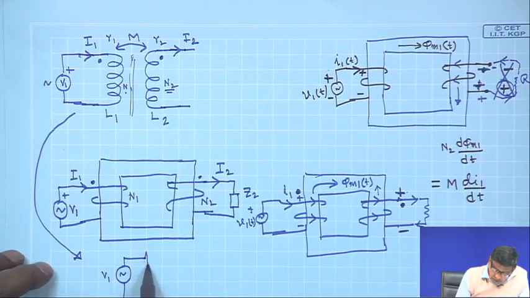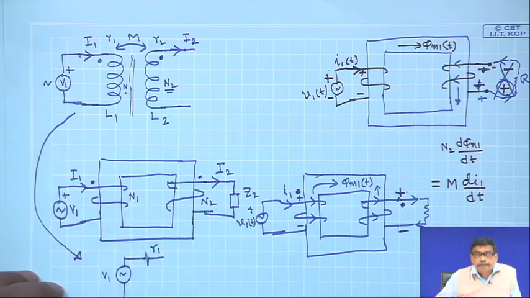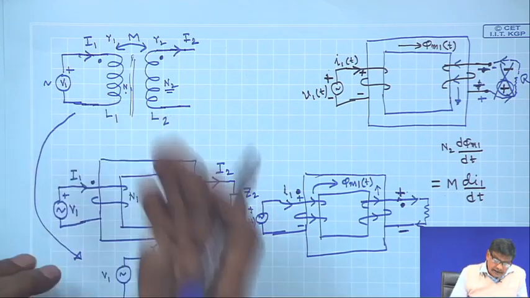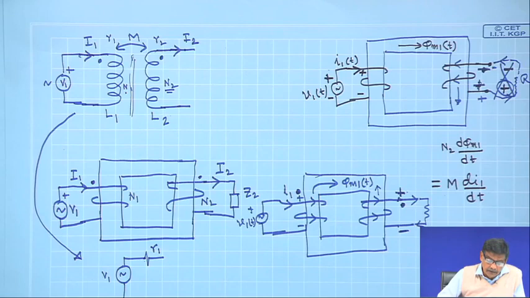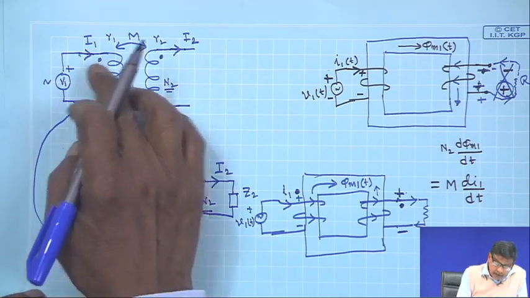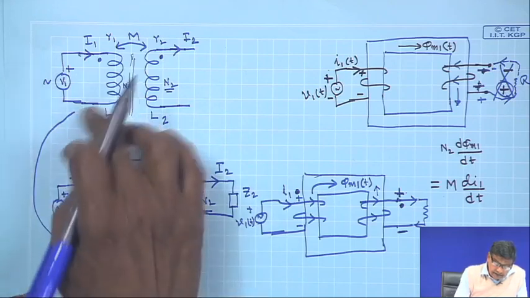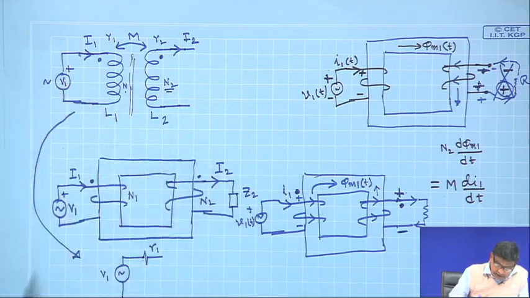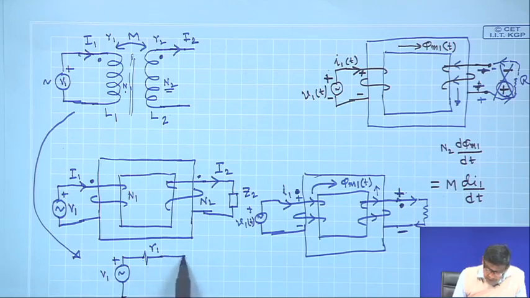Then I will show R1 as a lumped resistance outside the coil. Generally windings are made of copper, very low resistance, but anyway let R1 be the resistance of this coil where I have connected the supply. Now, what is there between these two terminals? See, it is carrying a current I1.